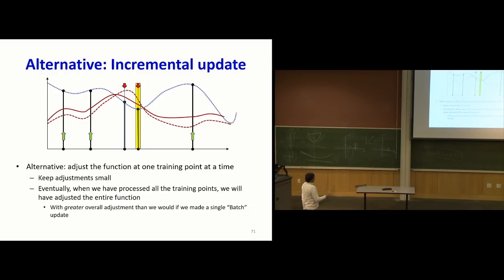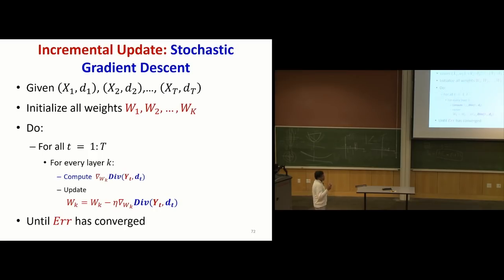And when you do that, you can hope to actually have a greater overall adjustment than if you just made a single batch update where you grabbed the whole thing and made one big shift. So this is the technique that we have been kind of following on our homeworks. It's what we call stochastic gradient descent.